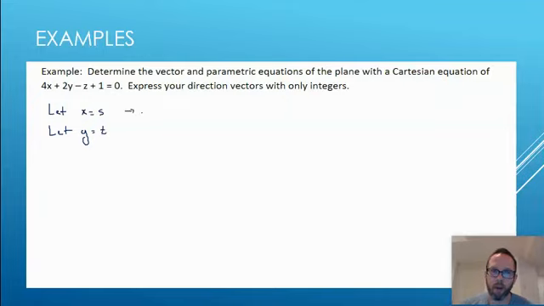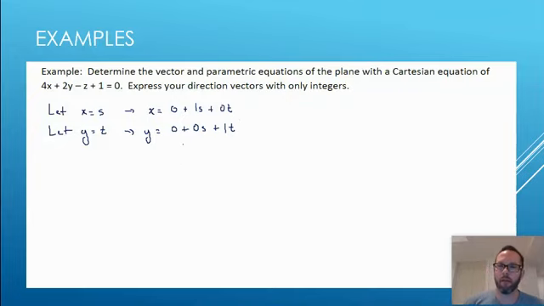Why do we do that? Well, x equals s long form kind of makes it look like this. Another way to write that is x equals 0 plus 1 times s plus 0 times t. And a long way of writing y equals t is y equals 0 plus 0 times s plus 1 times t. And what this does is, because we have infinitely many choices for the point on the plane, it's locking in that we're looking for the point on the plane that has its x value of 0 and its y value of 0.